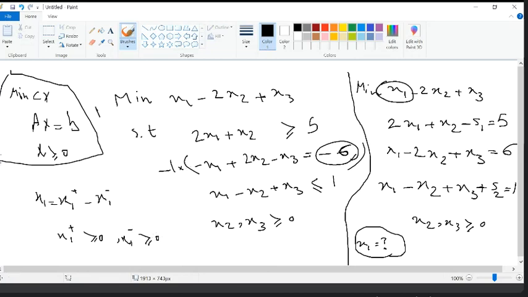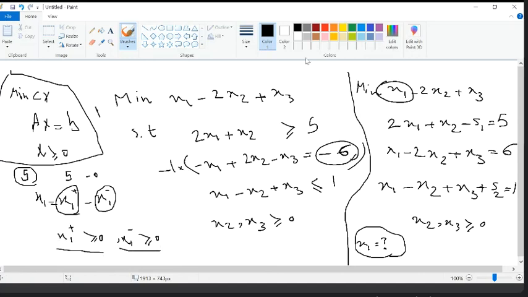For example, x1 is 5. Then x1 plus is 5 and x1 minus is 0. This is positive and this is 0.